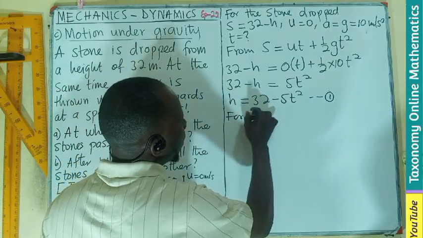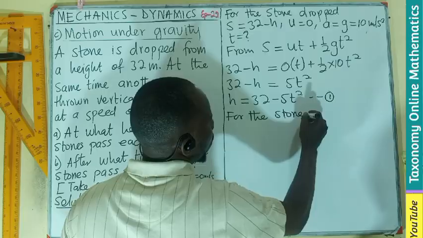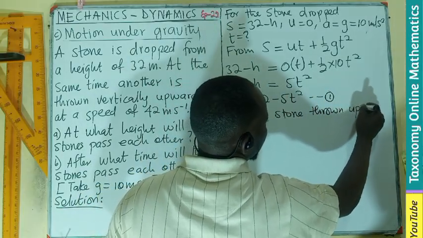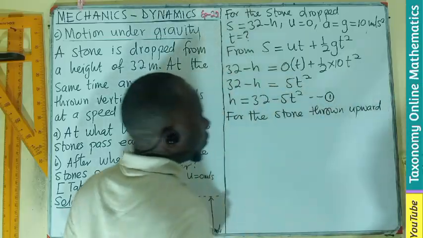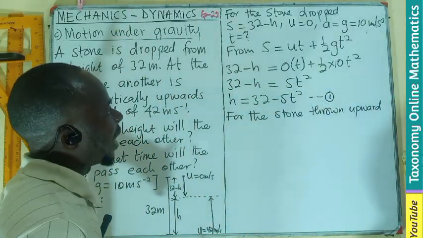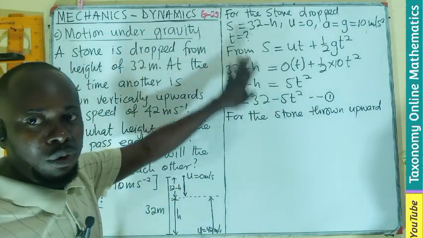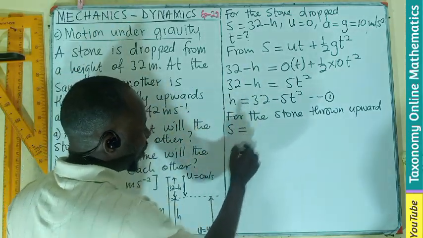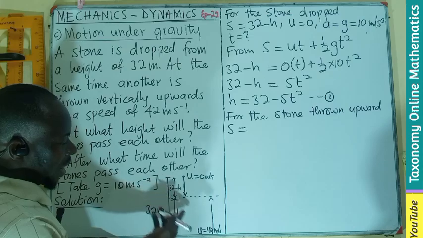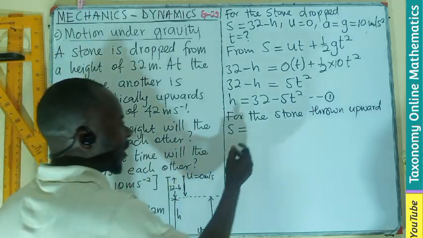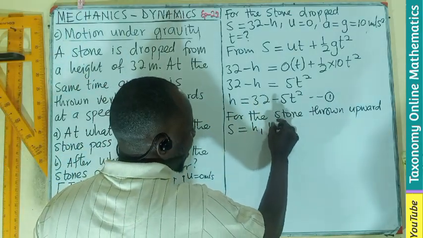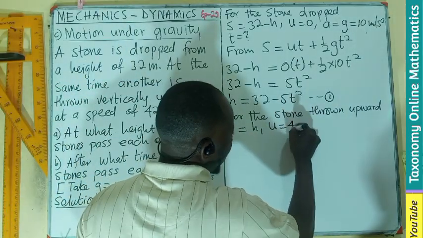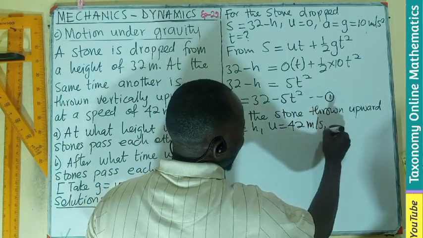So for the stone thrown upward, what are the informations we have? We can still make use of the second equation of motion. Our distance is going to be from here to here, the distance covered before they meet. That will be h. The initial velocity is the speed at which it was propelled in the beginning, 42 meters per second.